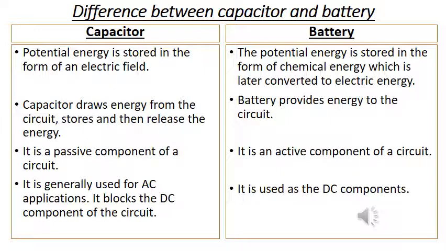Second, the function of capacitor is that it draws energy from the circuit, stores and then releases the energy. The function of battery is to provide energy to the circuit.